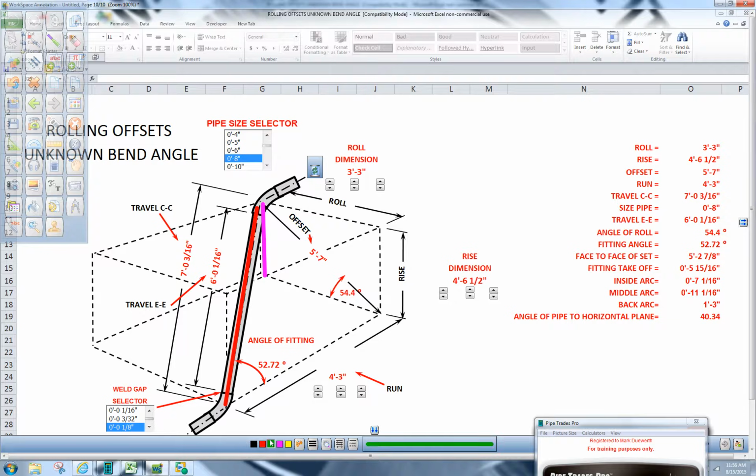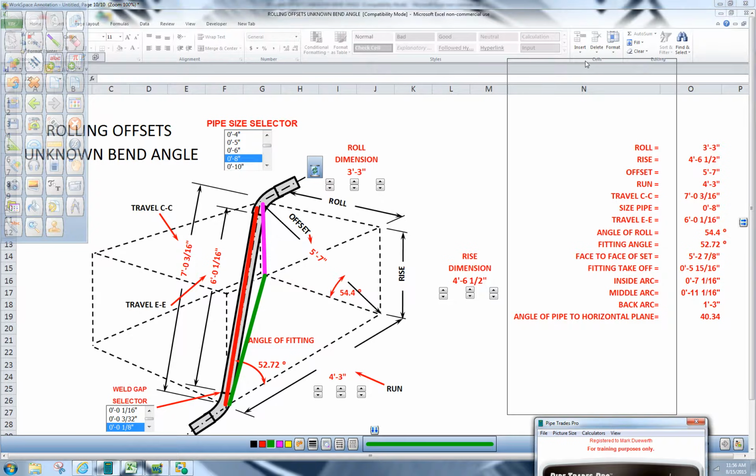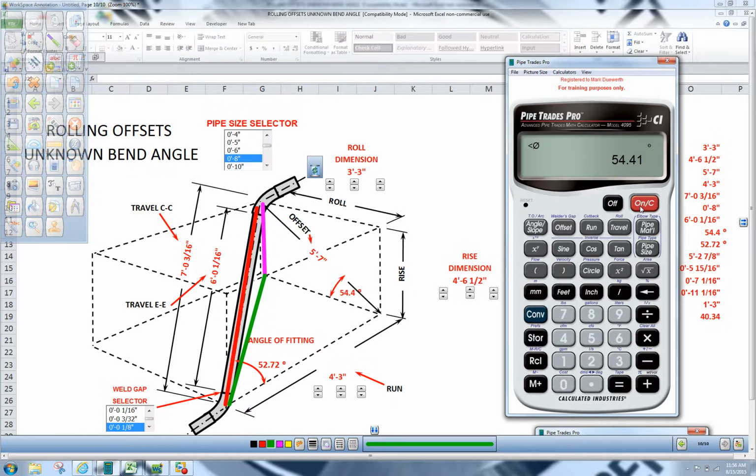We'll draw the other side in. Now if we take the calculator and put in the purple 4 foot 6 inch 1/2 in that particular triangle, that would be the offset. The 7 foot 3/16 would be the travel.